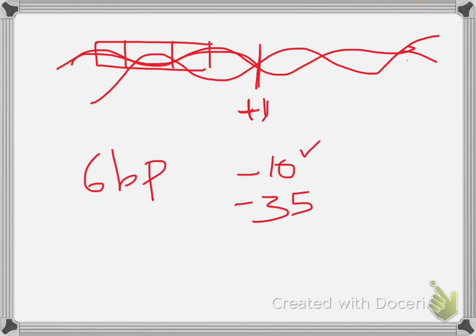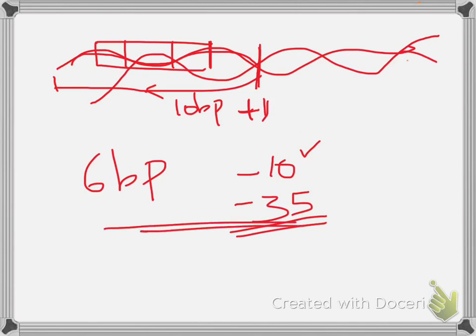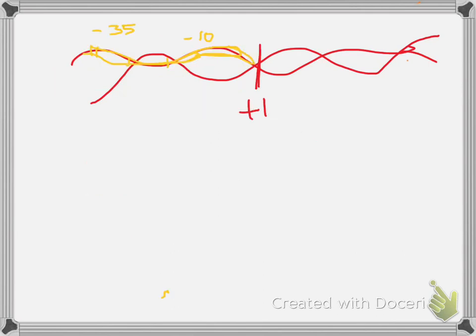The -10 sequence is 10 base pairs upstream from the start site. Similarly, the -35 sequence is 35 base pairs upstream from the start site. This is present in the promoter region of the template strand. When the RNA polymerase recognizes the promoter site, it binds to the promoter region and starts the transcription from the start site.